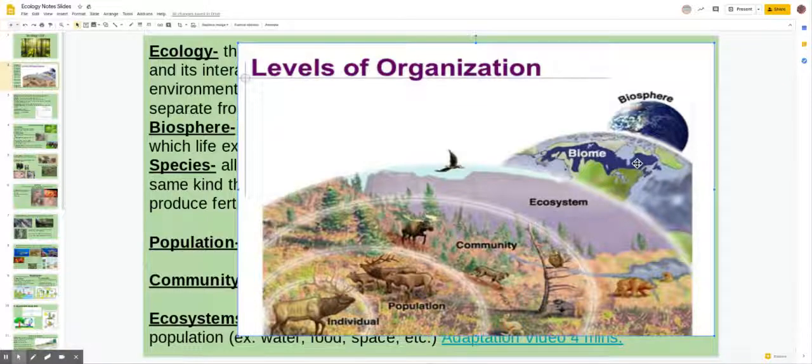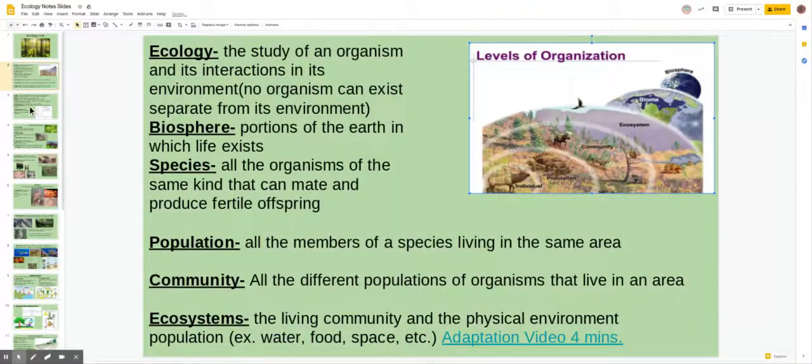And these biomes, again, like an ecosystem, are characterized by the amount of sunlight, the amount of temperature range that they experience, the amount of rainfall that they experience. All right, so biomes are determined by lots of living and non living characteristics to determine that particular biome. All right, so those are the levels of complexity that we see.